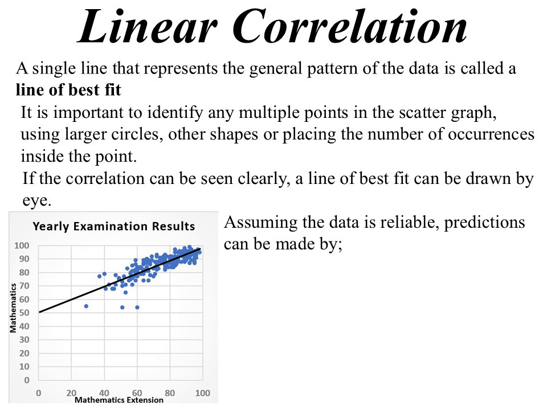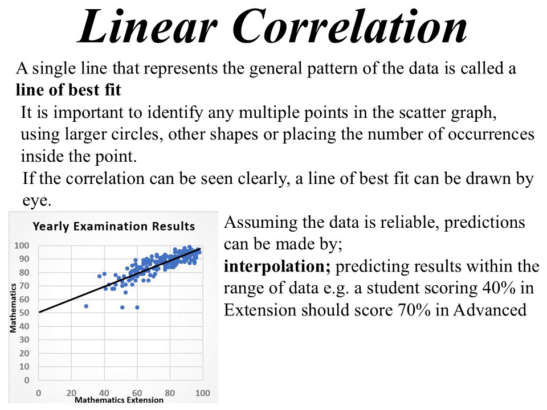And that brings up the difference between interpolation, which is when I predict results within the range. And so for something like this, that seems a reasonable thing to do. If I've got a set of data and I'm going to make predictions within that set of data, okay, someone scoring 60% in maths extension probably got a result of around 80%. That's a reasonable thing to do.